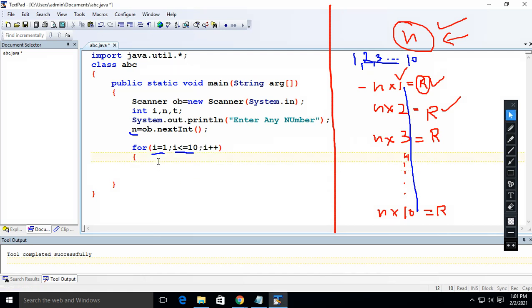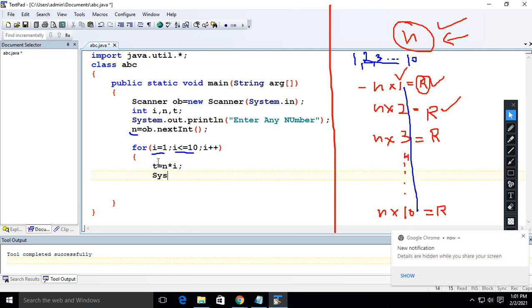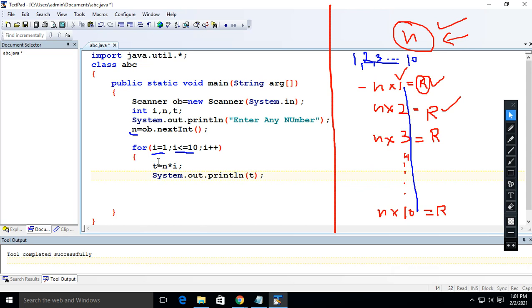Now, what will be the body? The body will be t equals the number multiplied by the natural number, and the result is coming in this t only. So what you will print? The value of this. Am I clear? Is it clear or not?